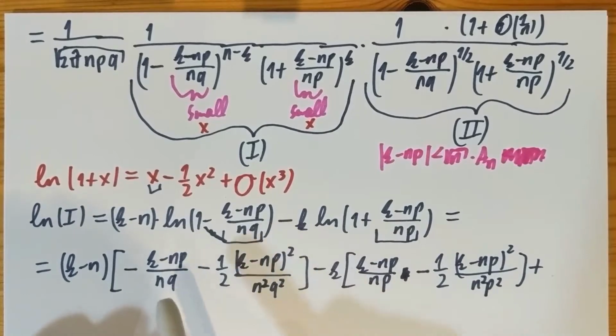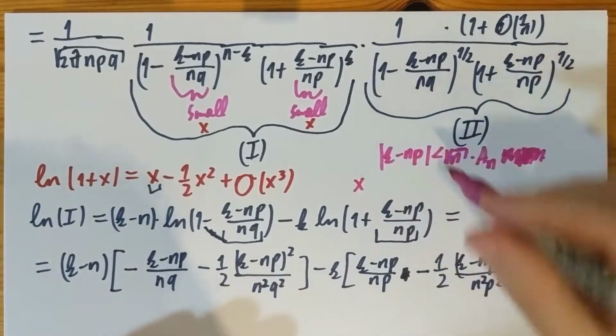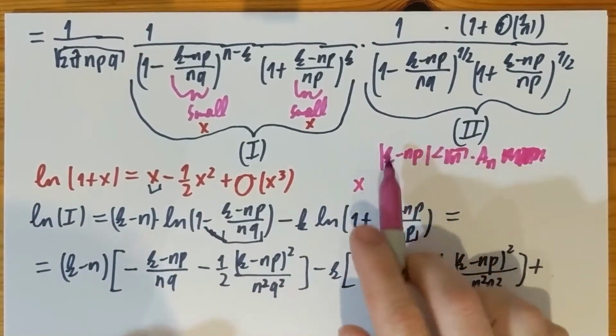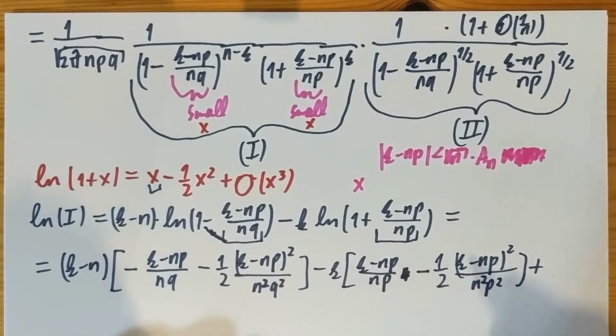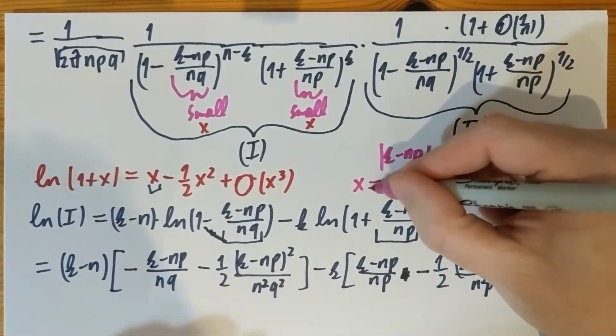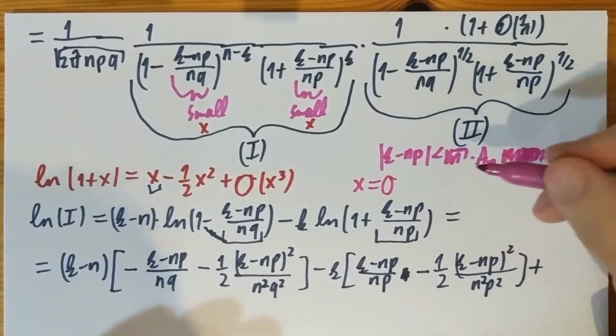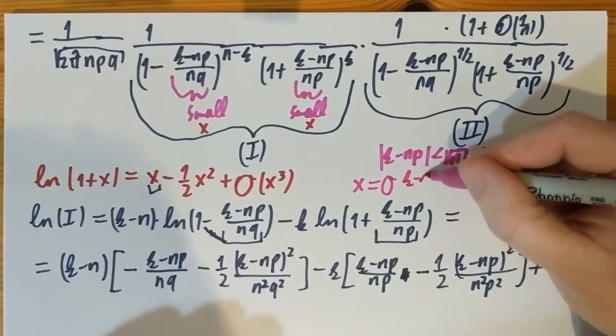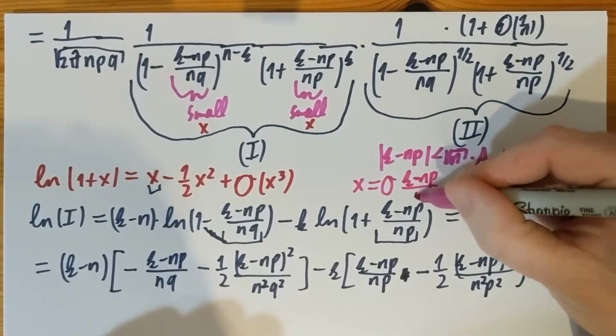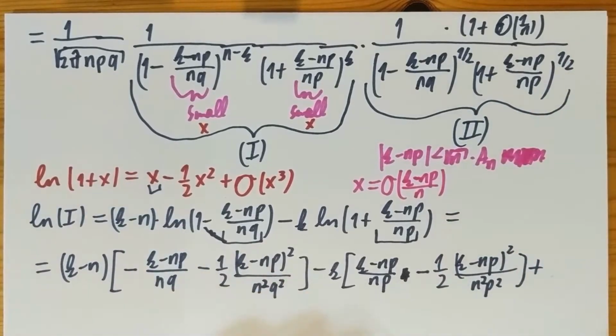Okay, so now if I divide by nq or np, in either case my x here is divided by a constant times n, k minus np divided by a constant times n. So x is in the order of k minus np over n, and some constant, but constants don't matter for the order.